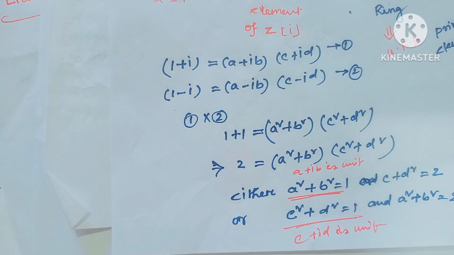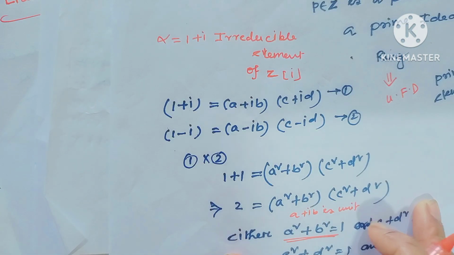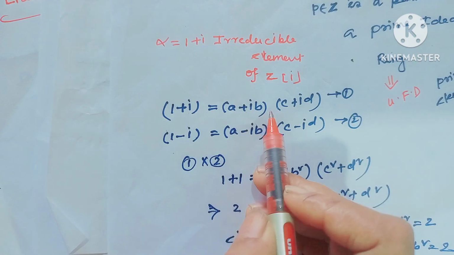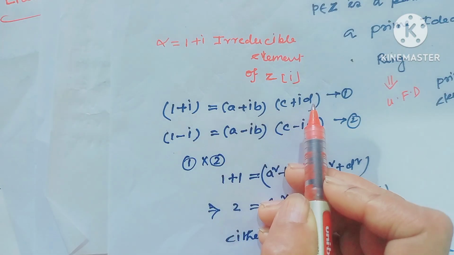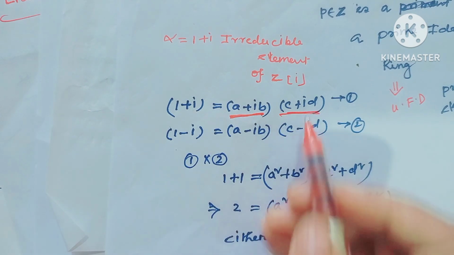Therefore, in Zi, if we write 1 plus i as a plus ib times c plus id, then either a plus ib is a unit or c plus id is a unit.